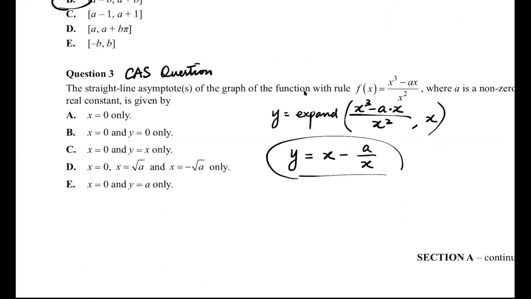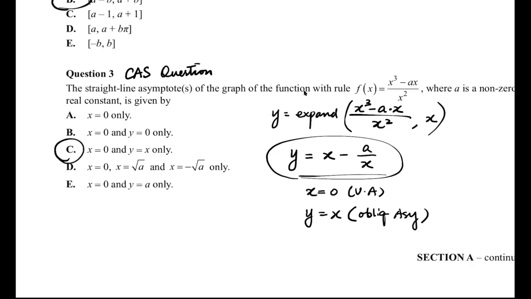For this particular rational function, you have two asymptotes. One asymptote is x equals 0, which is your vertical asymptote. The other one is y equals x, which is an oblique asymptote. So let's have a look. x equals 0 and y equals x only. So we choose C.